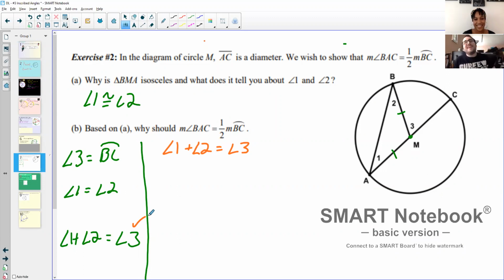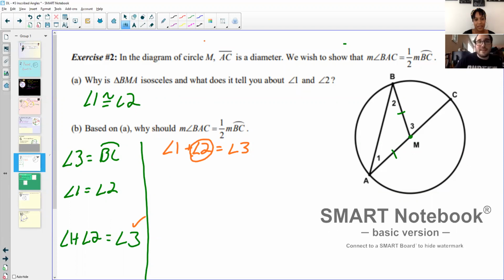Just by looking at this equation, we also know something else. Isn't angle 1 the same thing as angle 2? I'm going to assume that you're saying yes. So couldn't I replace angle 2 with angle 1 because they're the same thing?